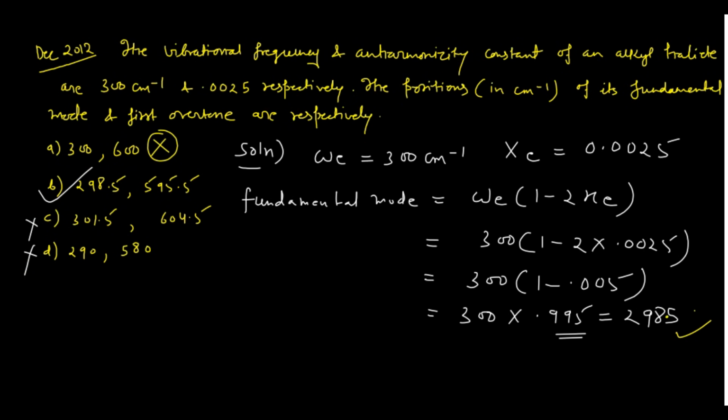But if you want, you can also calculate for the first overtone. For the first overtone, the formula is 2 omega E times 1 minus 3 Xe, right?